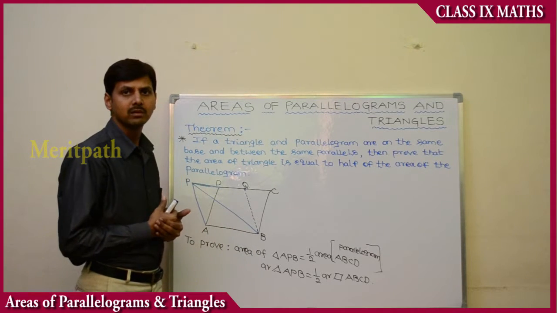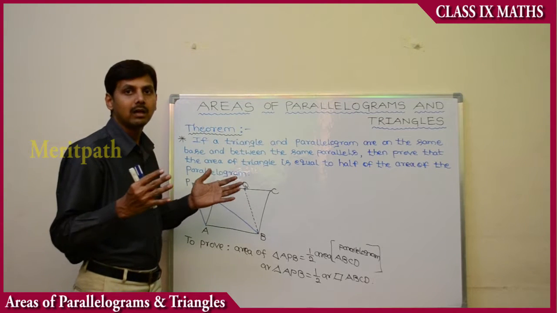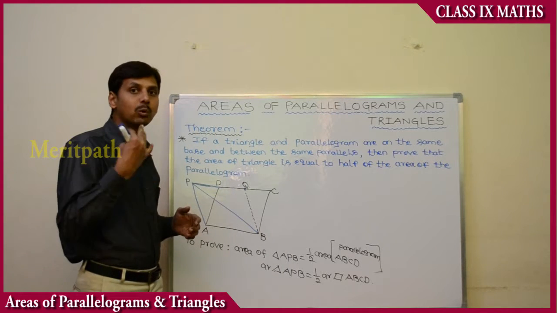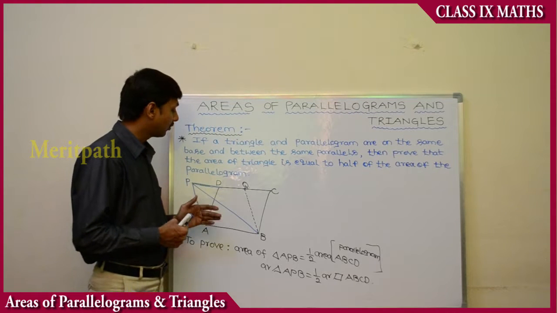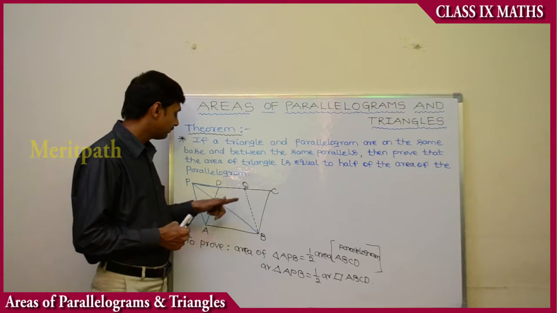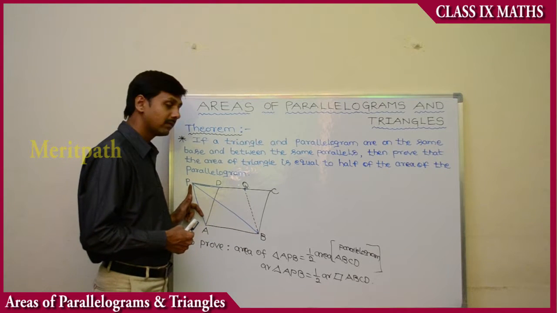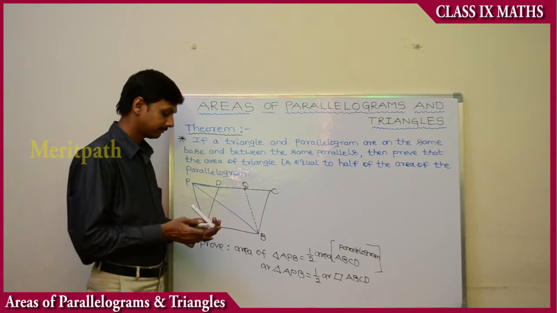We have done one of the theorems before: parallelograms between the same parallel lines and having the same base are equal in area. So we apply the same theorem now. We can say that the area of ABQP is equal to ABCD. So let's write that.